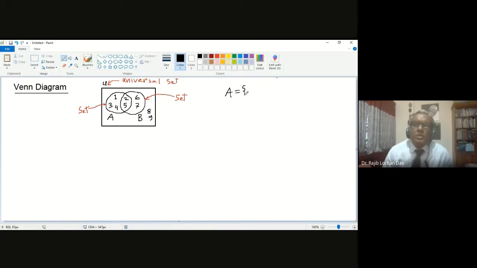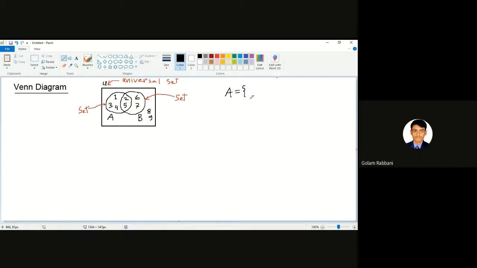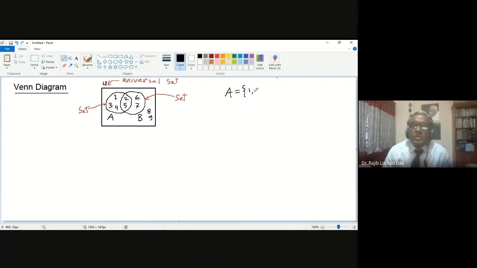Somebody try to tell me. Sir, 1, 2, 3, 4, and 5. Okay, is this clear to everyone? This is correct. Is this clear to everyone? Do you have any question?